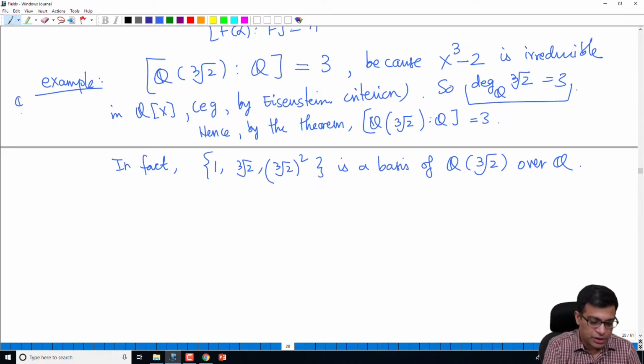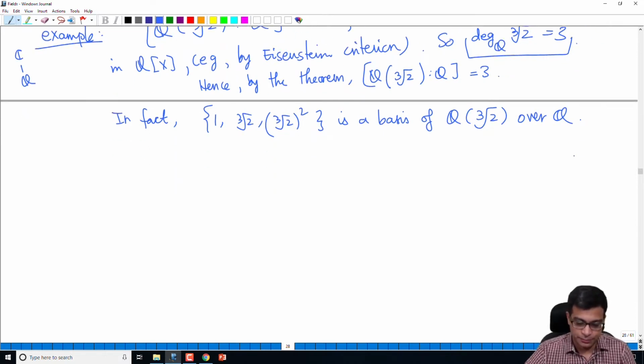So we can, for example, fix the ambient field to be C. The smallest field in C that contains Q and cube root of 2 is denoted by Q adjoin cube root of 2, and the degree of that over Q is 3. That means the dimension of this as a Q vector space is 3.